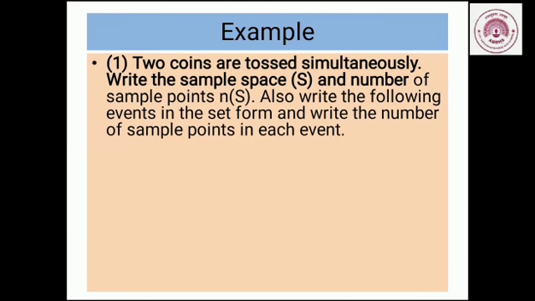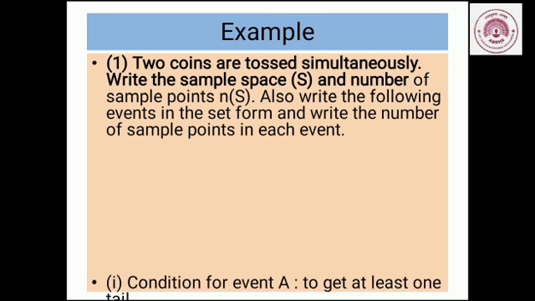Question is: two coins are tossed simultaneously. Write the sample space S and the number of sample points n(S). Also write the following events in the set form and write the number of sample points in each event.